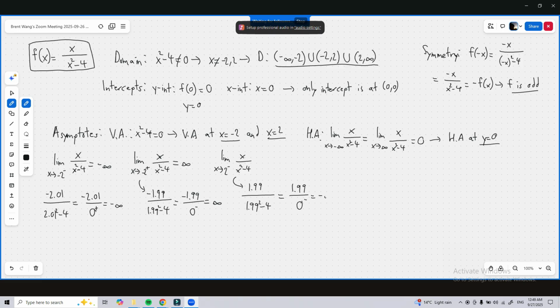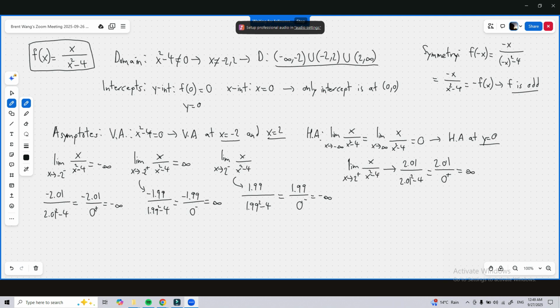Equals negative infinity. And the limit as x goes to 2 plus of f of x. Let's choose a number like 2.01 over 2.01 squared minus 4. Okay, so this is basically positive over positive. So this is positive infinity.